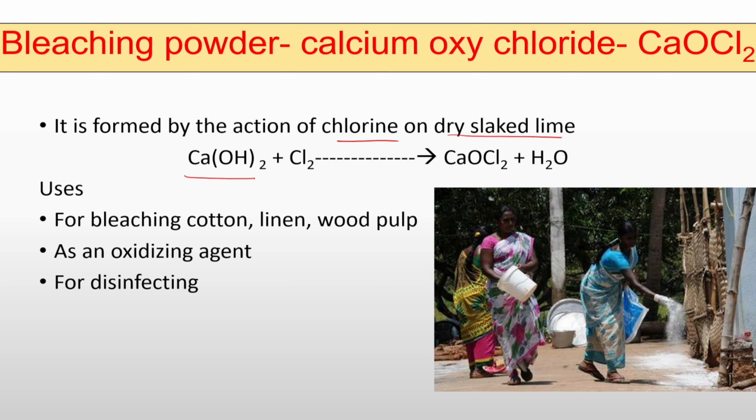We know slaked lime, Ca(OH)2. Slaked lime is also called lime water. So when slaked lime reacts with chlorine gas, it forms CaOCl2. That is called calcium oxychloride. It must be written, calcium oxychloride. The common name is bleaching powder, the chemical name is calcium oxychloride.